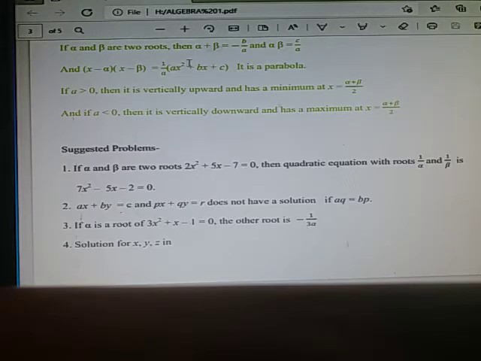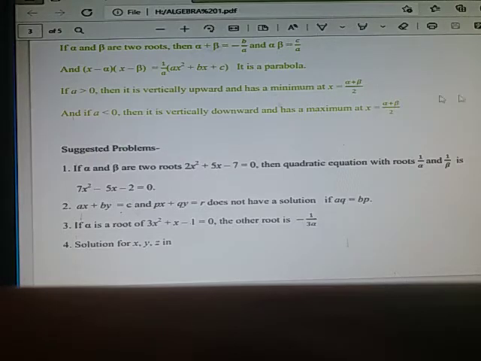This is a quadratic function, not an equation, a quadratic form. Now if a is greater than 0, it is positive always. For some values it may be negative, but when x is very large it is positive, and the parabola is vertically upward, and it has a minimum.